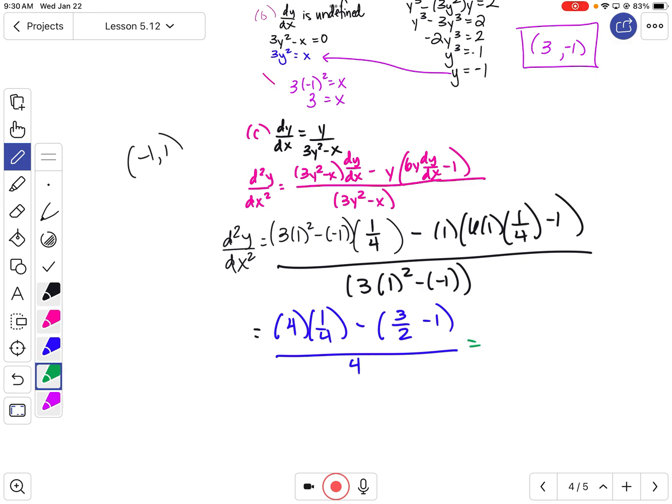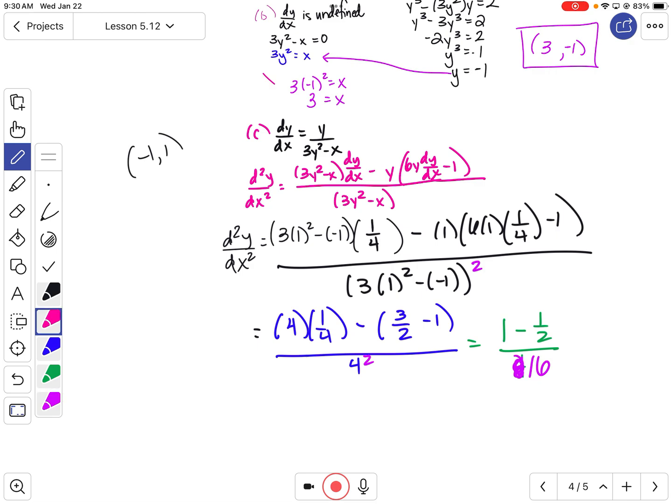So this is going to give me 1 minus 3/2 minus 1 is going to give me 1/2, all over 4. Oh, I forgot to square that bottom. That's 4 squared, so that's going to be 16.